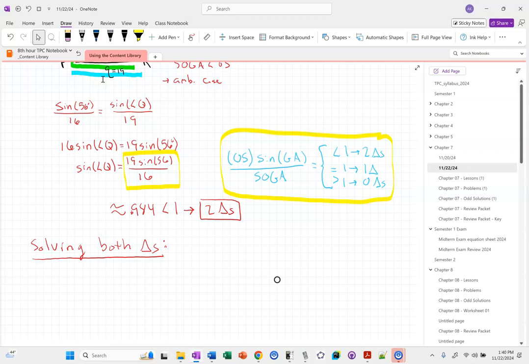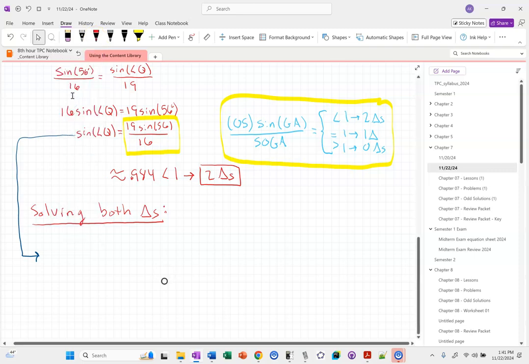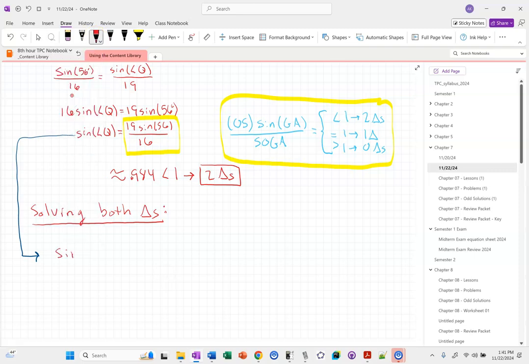I'm going to find the 3 missing pieces of information. I'm just going to have to do that twice, once for the first triangle and once for the second triangle. So solving for the first triangle, I'm going to borrow the information I had already started: sine of angle Q is equal to 19 sine 56 over 16.